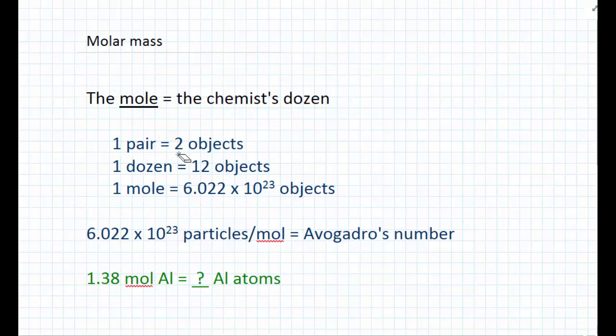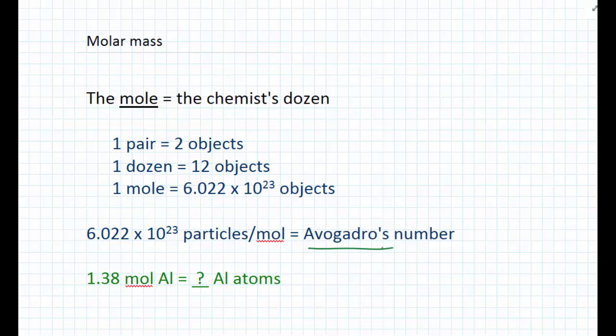A pair is a grouping of 2 objects, just like a dozen is a grouping of 12 objects, and a mole is a grouping of 6.022 times 10 to the 23rd objects. That is referred to as Avogadro's number, and the official unit, I suppose, for Avogadro's number would be particles per mole.